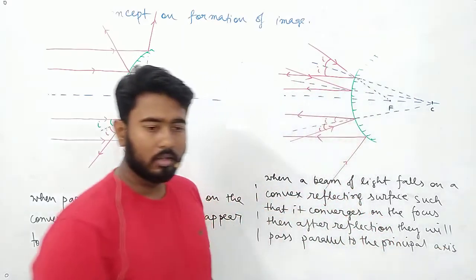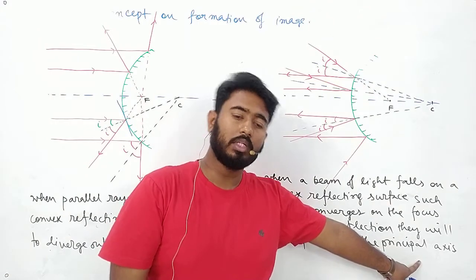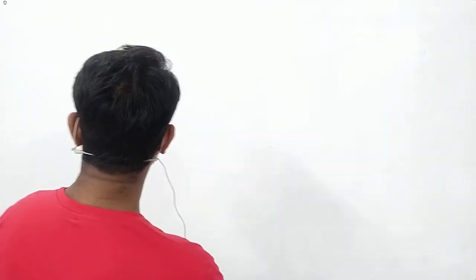Is the idea clear? So after reflection they will pass parallel to the principal axis. Did we make it clear now? Okay, write this down.